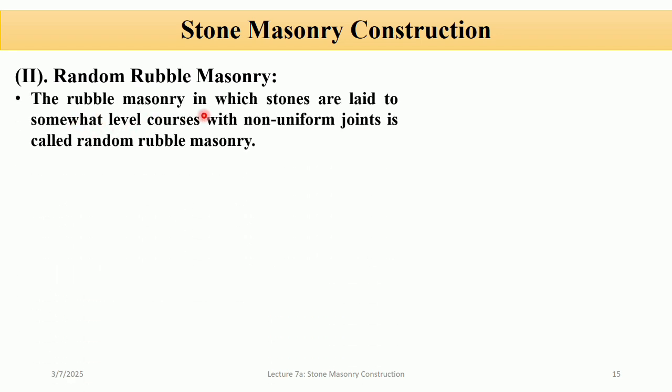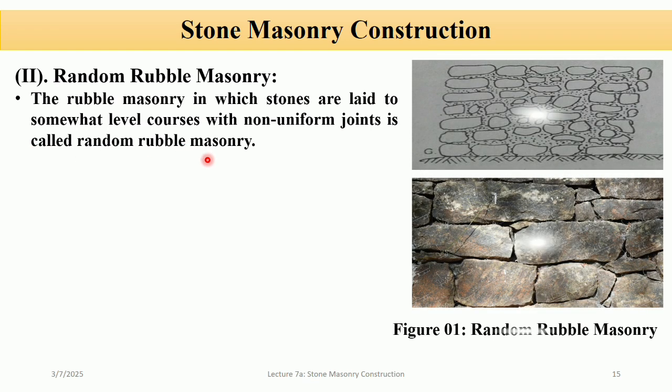Random rubble masonry. The rubble masonry in which stones are laid in somewhat level courses with non-uniform joints is called random rubble masonry. It provides economical construction with locally available stones, and it offers high strength and durability.